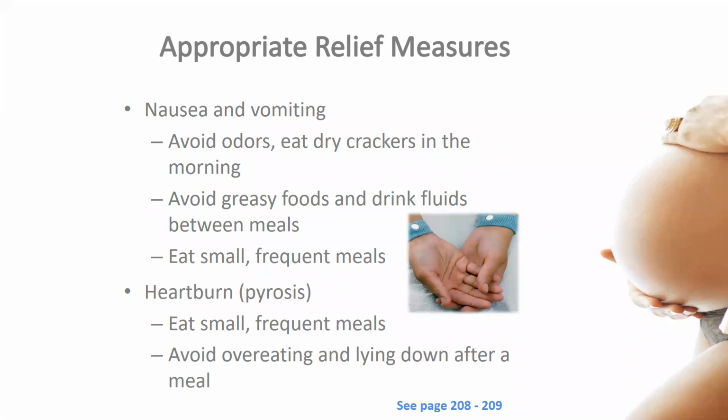It usually goes away about the 16th week. If it doesn't go away, it can be a sign of or lead to hyperemesis gravidarum, which includes weight loss, dehydration, and a nutrition imbalance. Acupuncture, wristbands, ingestion of ginger have been shown to help with nausea.